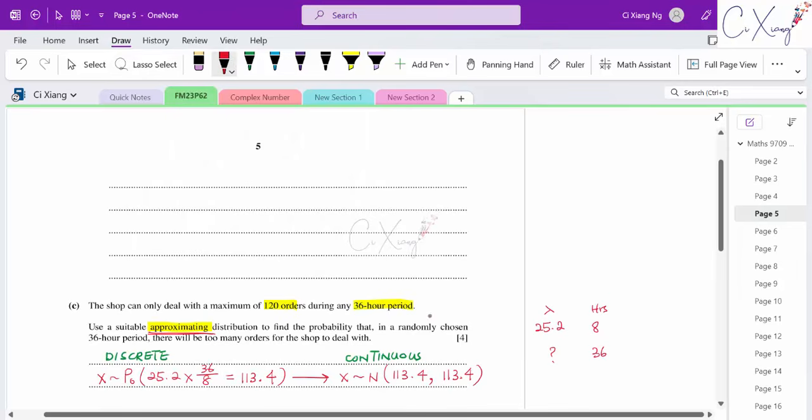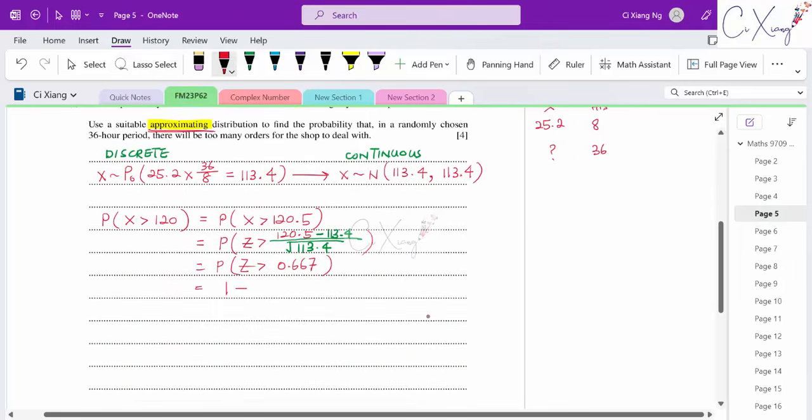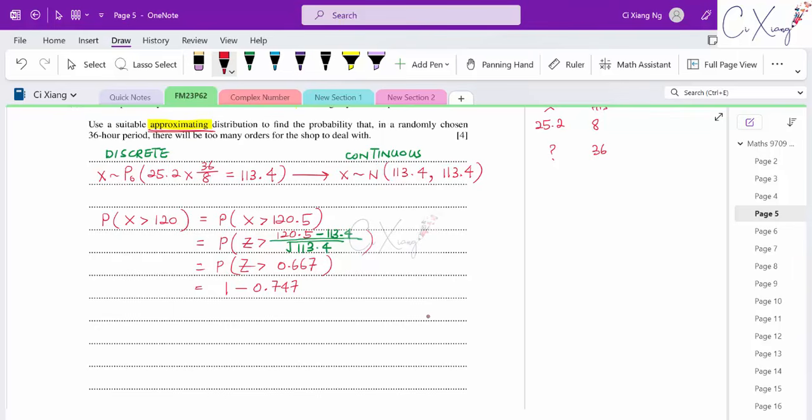Okay, so 7454 plus 23 at the last two digits, by right, we should get 7477. Okay, and after that, I will get 0.2523. And correct to 3 significant figures, it will be 0.252.